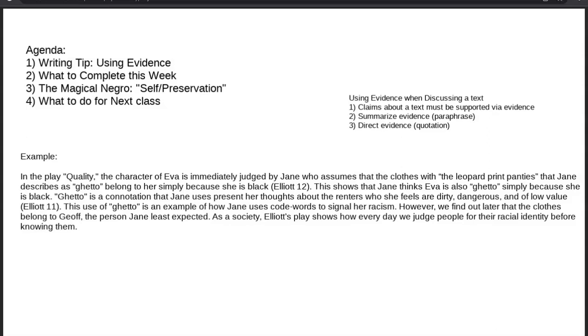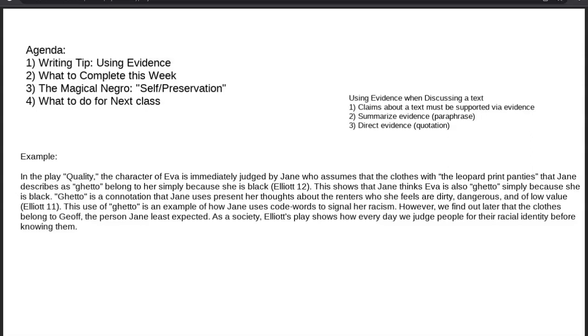Now, this structure of supporting a claim with evidence is universal, so it doesn't matter if you're using it to argue for an interpretation of a text, or to prove a lab report, or to write a history paper. Same basic structure. So you can take this structure and use it in almost any of your other classes, and it will more or less be what the professor is looking for you to do.